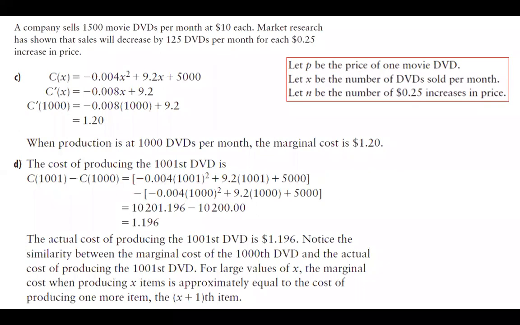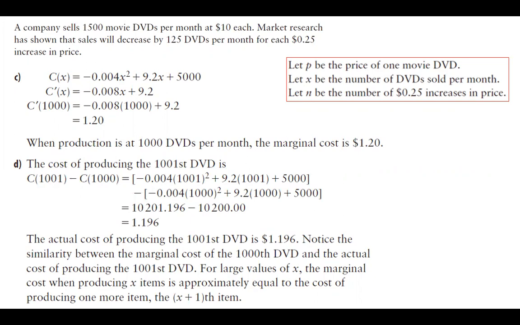Again, we want to find the marginal cost at X equals 1,000. So just plug 1,000 into that equation. C'(1,000) equals 1.20. So this means when the production is at 1,000 DVDs per month, the marginal cost is $1.20.